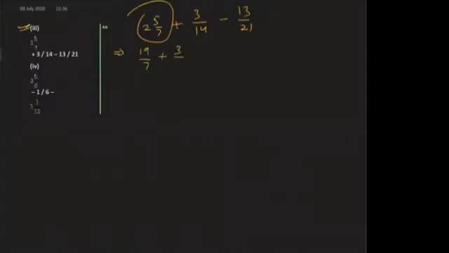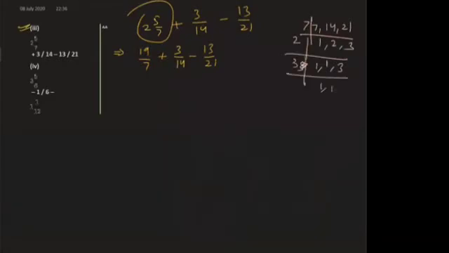Plus 3 upon 14 as it is, minus 13 upon 21, students. Okay, now take the LCM of 7, 14 and 21. 7 ones are 7, 7 twos are 14, 7 threes are. Okay, now reduce it by 2, the 1, 1 and 3. Again, reduce by 3, so you will get 1, 1 and 1.